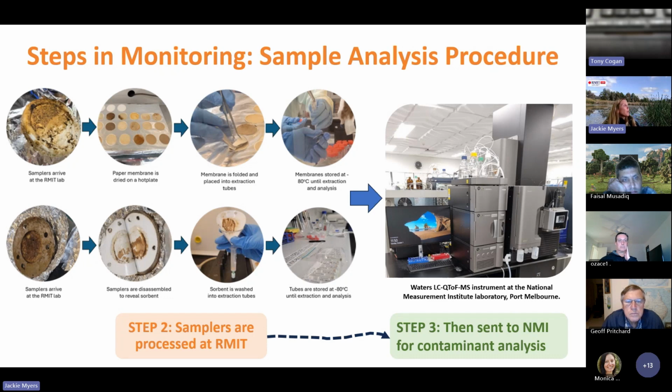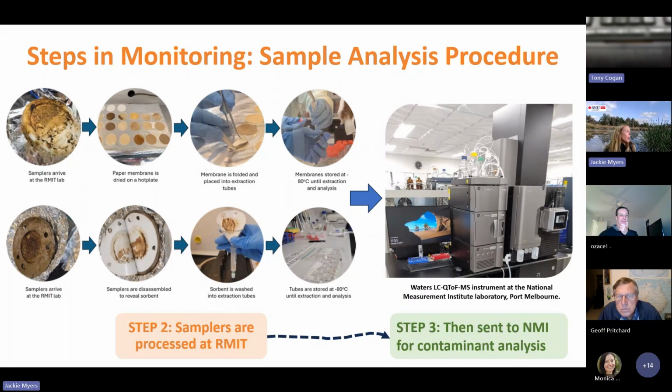When we're finished processing them, they're sent to NMI in Port Melbourne, where the contaminants absorbed by the samplers are extracted and then analysed using an instrument called a liquid chromatography quadrupole time of flight mass spectrometry. That is a big word, and it is a fancy instrument, shown there in that picture.